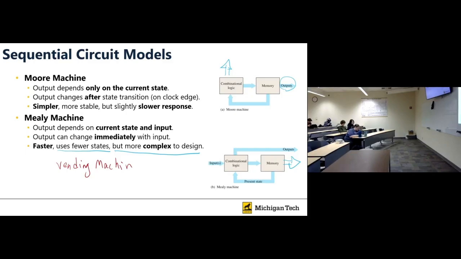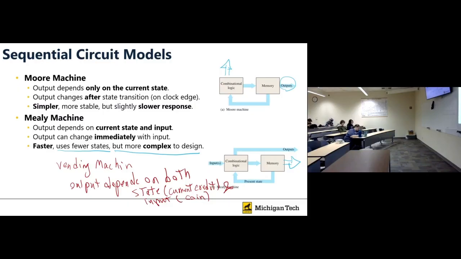So in this case, the output depends on both the state, the current credit, and the input. What is the input? The new coin that enters. So this system is considered Mealy.